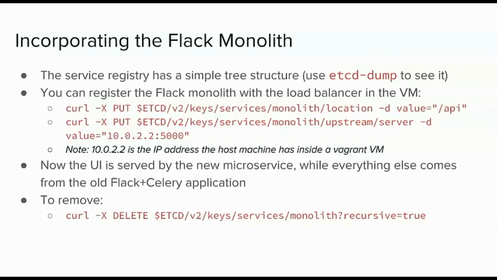So what we can do now is write entries in the service registry that point all those /API/blah blah blah endpoints back into the old Flask, the monolithic one. So the service that serves the UI is going to be the new microservice. But for everything else, anything that starts with /API URLs, we can configure the load balancer to send it to the monolith. Does that make sense?